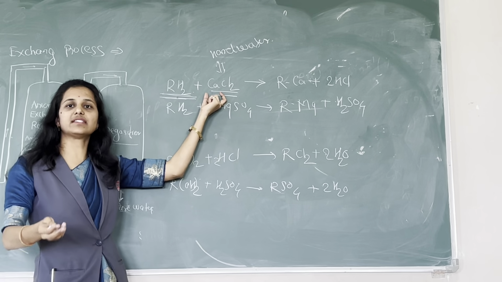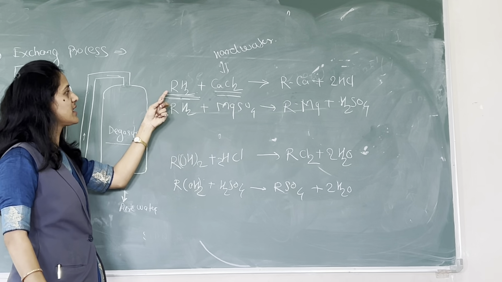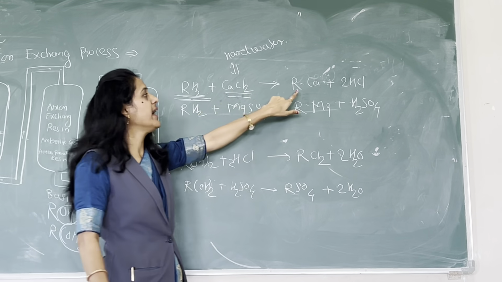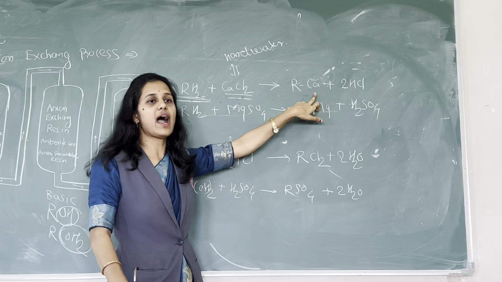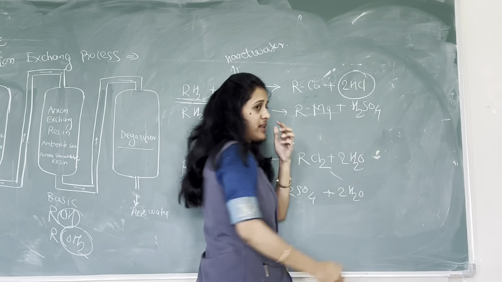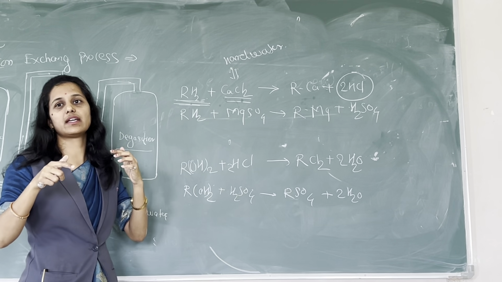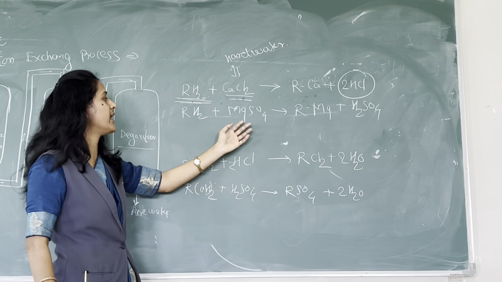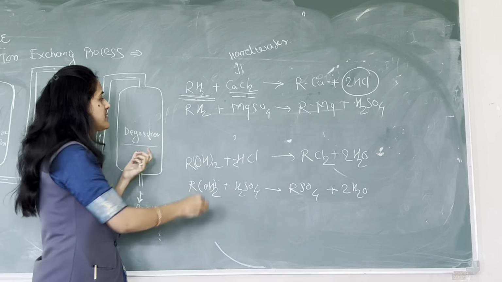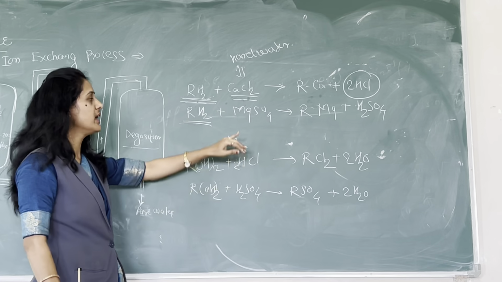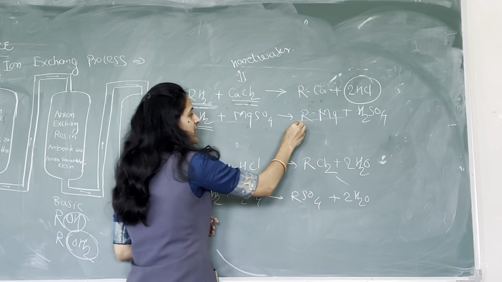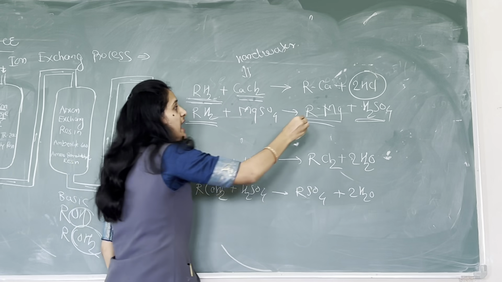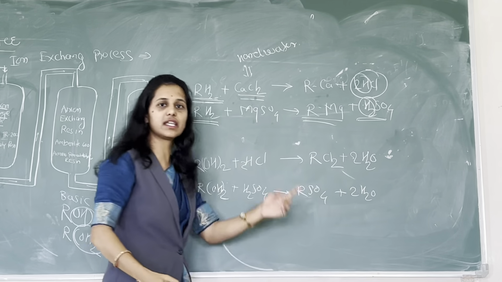If we consider CaCl2, this cation exchanger resin combines with the calcium chloride, RH2 becomes RCa, and the water becomes acidic. If we consider another salt which causes hardness, suppose MgSO4, then this resin combines with MgSO4 and becomes RMg, and again the water becomes acidic due to the addition of H plus in the hard water.